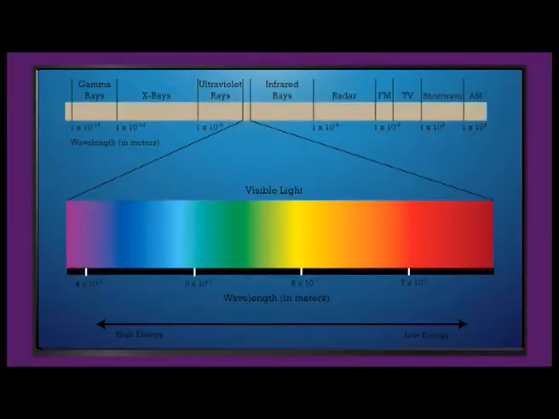Electromagnetic radiation is not light of a specific frequency or wavelength, but represents a spectrum of frequencies and wavelengths. This spectrum can carry a wavelength range of approximately 10 to the power minus 18 meter to 100 kilometer with a fixed velocity of 3 times 10 to the power 8 meter per second.